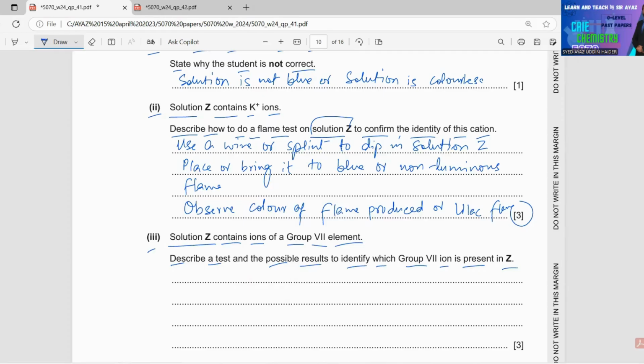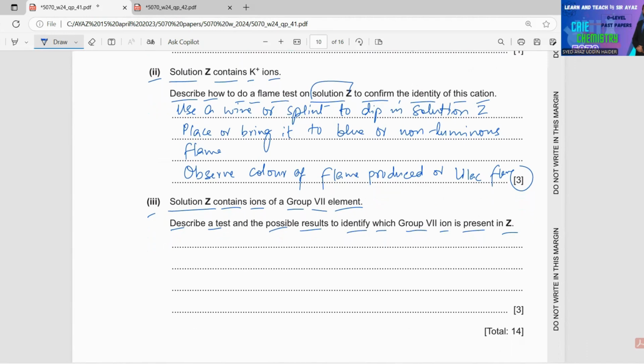So in this, you have to use the qualitative analysis notes. So I will write: add dilute nitric acid followed by aqueous silver nitrate.